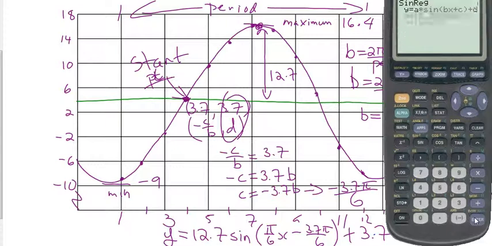Show your stat plot so you can see the points, because you want to know, did this really fit? Maybe it doesn't fit at all, okay? So when you graph it, graph the points and then graph the plot and say, hey, does this fit? Okay, and I always like to graph the midline, just to see if it looks like it's in the right place.